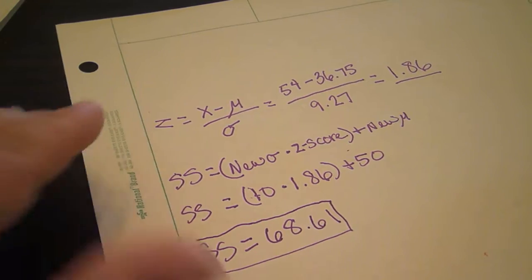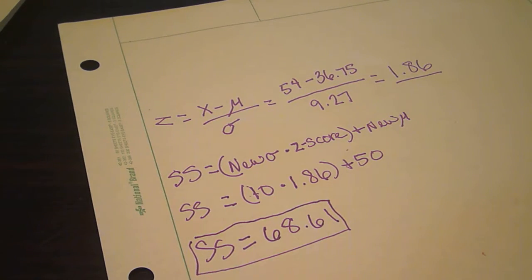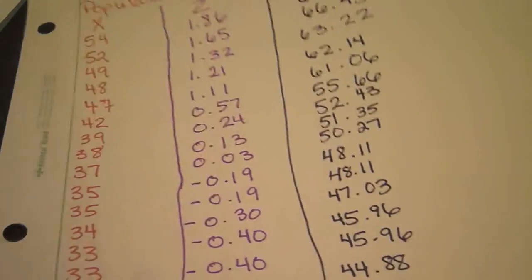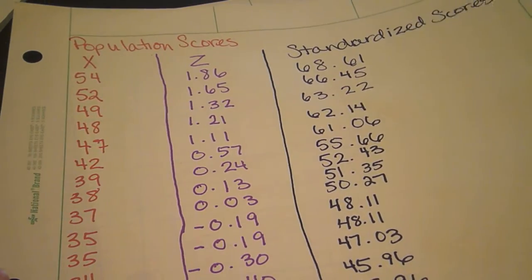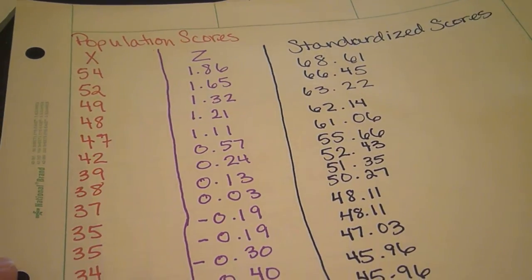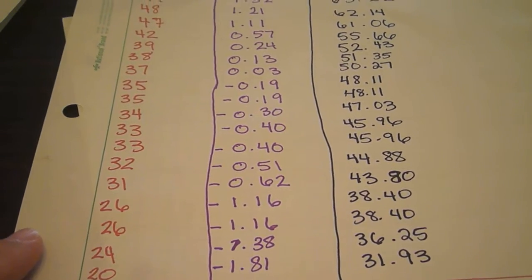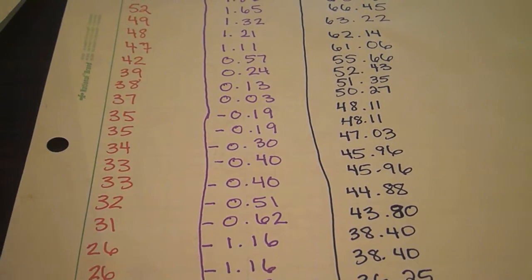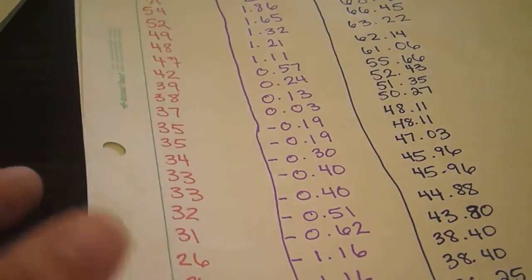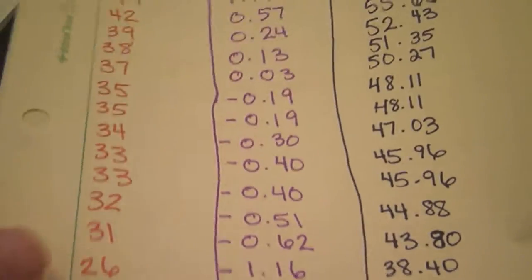So we're going to use that on all of the population scores. That way we can compare them in other places. So that is how we transform our numbers.